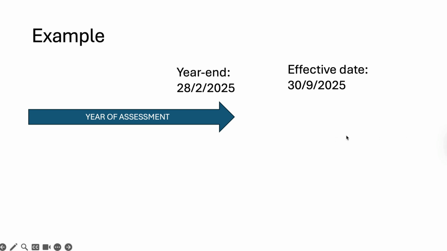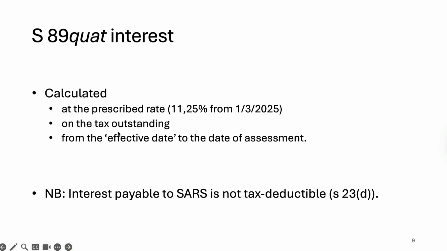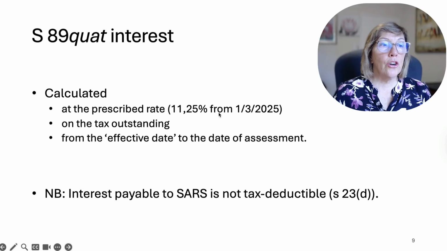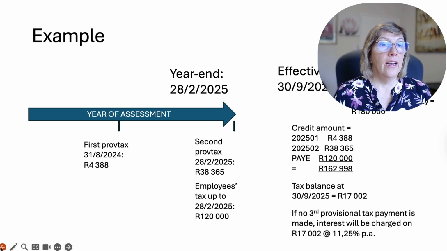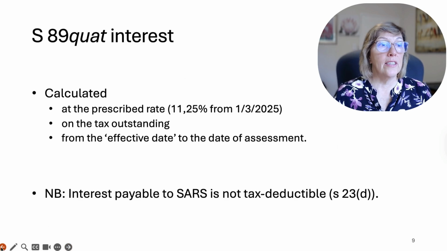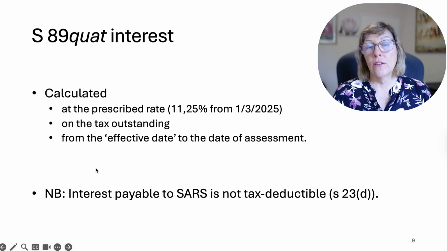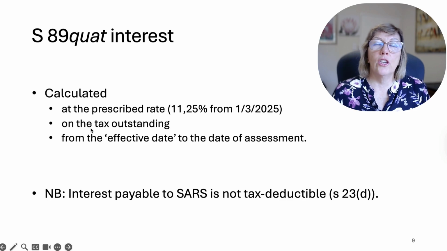And if it's only raised in January 2026, the interest will run on that amount through until the date of the assessment. All right, so it's calculated at the prescribed rate, so that's based on the SARS interest rates, as I say, currently 11.25%. That's from the 1st of March 2025, on the balance of tax outstanding from the effective date through to the date of assessment. So that links to the example I gave.